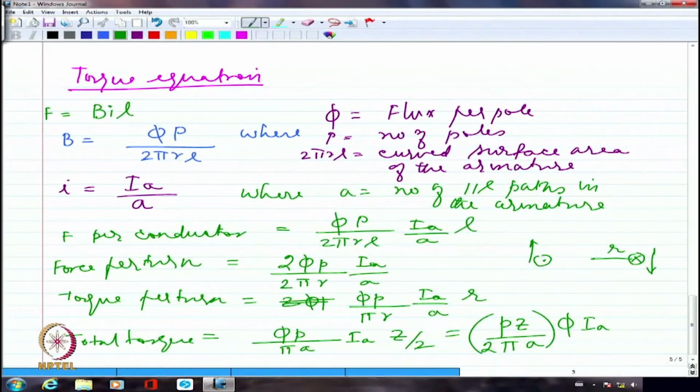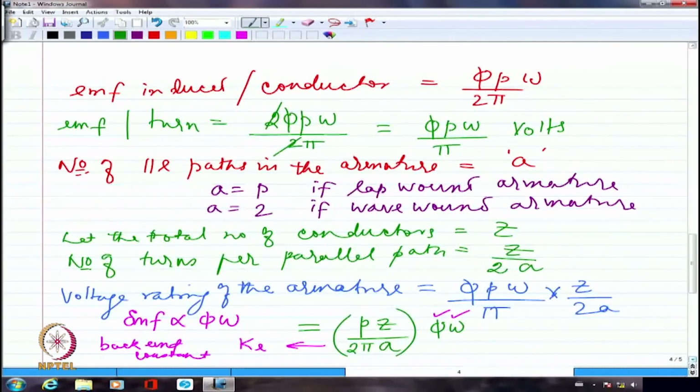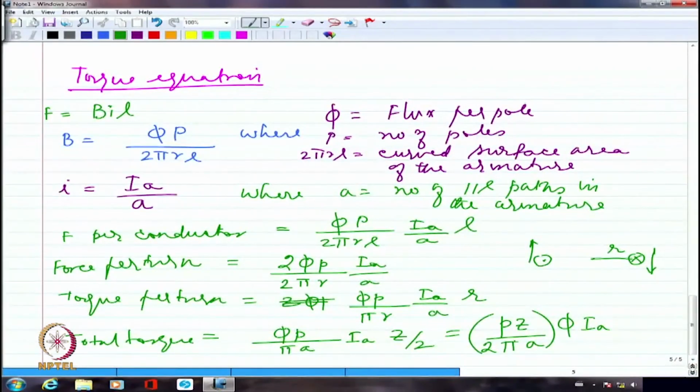I hope we have arrived at the same thing. Whether we looked at PZ by 2 pi A multiplied by phi omega was the EMF. Similarly, PZ by 2 pi A multiplied by phi IA is the torque. So sometimes this constant is specified as EMF constant or torque constant.